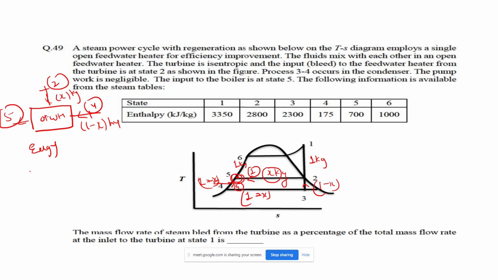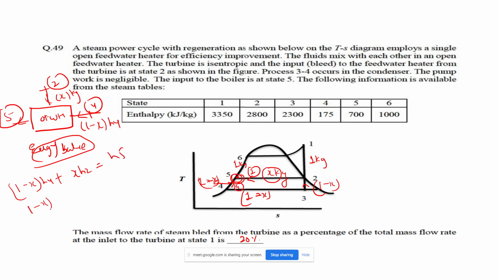What is the answer you have got? 20. They have asked in percentage, so 20%. Say it is right. Energy balance: you just have to apply (1 minus x) into h4 plus x into h2 is equal to h5.